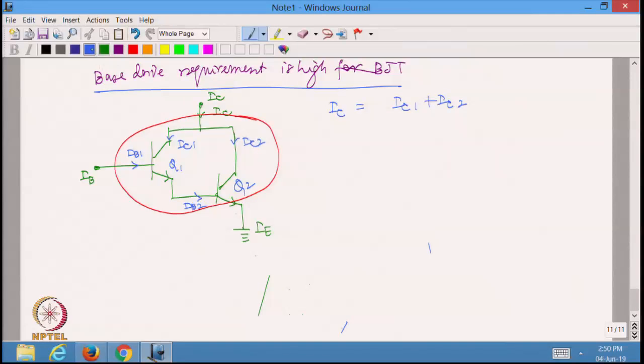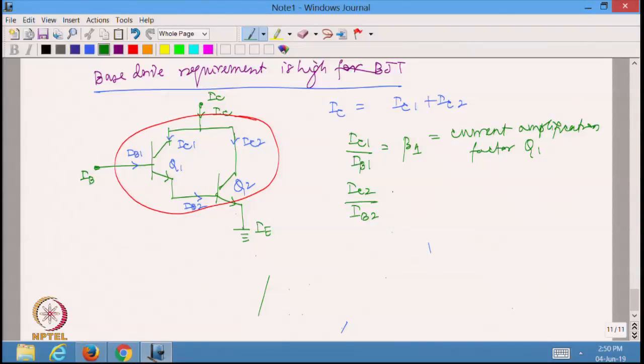Now, I can say IC1 by IB1 equals beta 1, which is the current amplification factor of transistor 1. Similarly, I can write IC2 divided by IB2 equals beta 2, which is the current amplification factor of Q2.